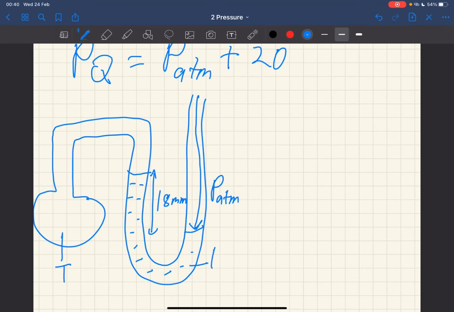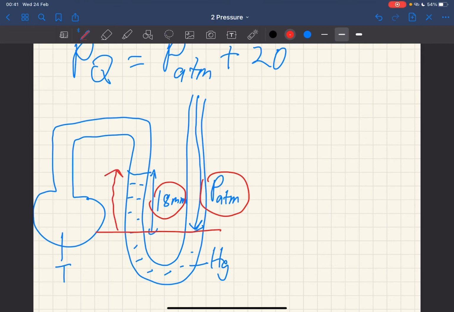And still we're using mercury. Between these two, between gas T and ATM, which one is stronger? Yes, ATM is stronger. Why? Because ATM pushes 18 mm of mercury upwards.